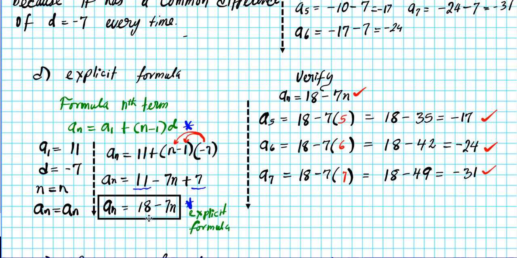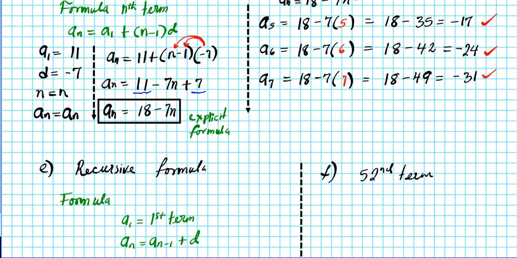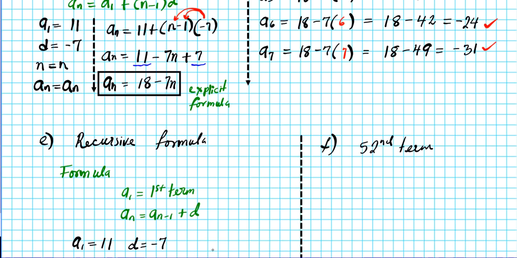You can pick whichever you want. The explicit formula looks easier because we just have one input to plug in. The other one you have to put in a1 and n and d, but it doesn't matter. I want to go with the one that's easier. Besides, we have tested this explicit formula and it works, so we're confident that it's going to be reliable in determining our 52nd term for part F.